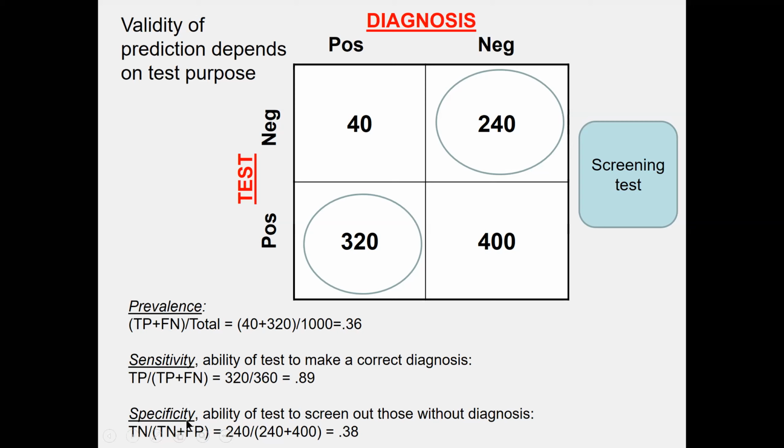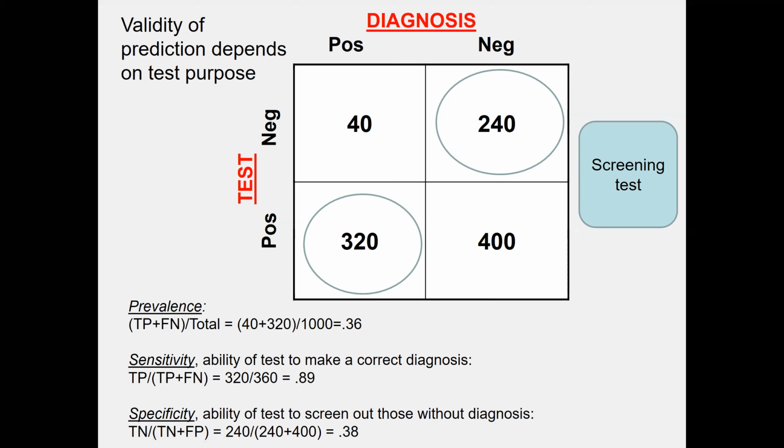The specificity is the ability of the test to screen out those who don't have the disease. So that's your people who really don't have the disease, 240, and who also test negative for the disease.